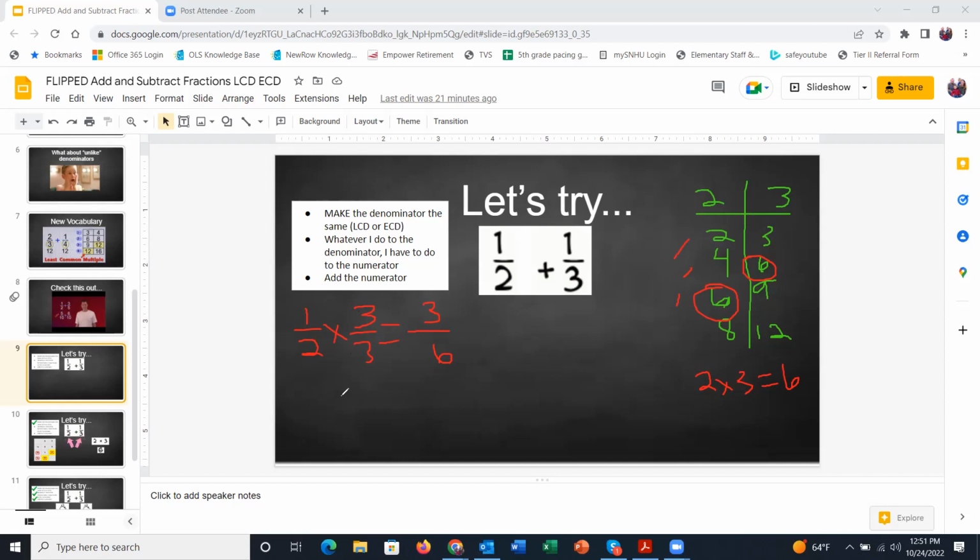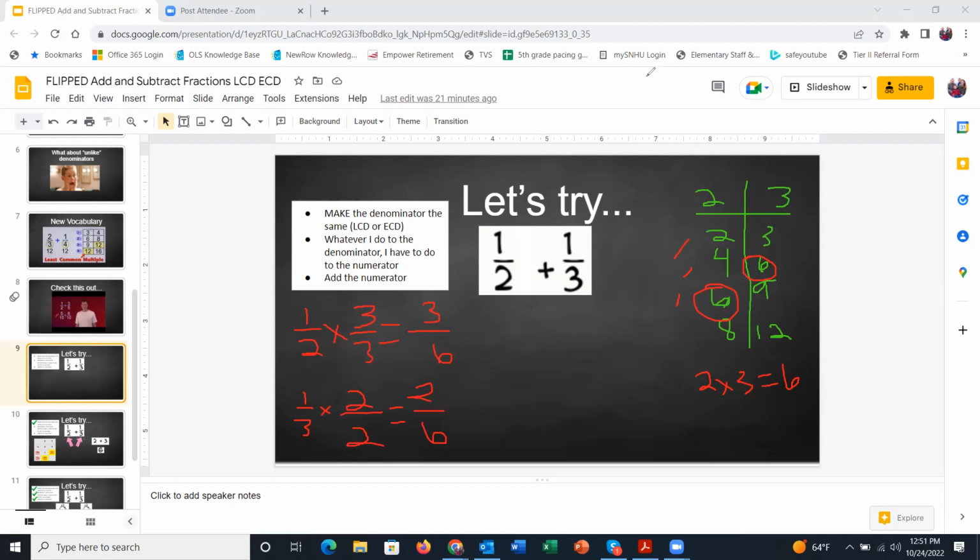So we have 3/6 plus, let's do 1/3. 1/3 times a fraction will be a fraction with the 6 as a denominator. We know that 3 times 2 equals 6, so we got to do the same thing to the top of that one as well. So 1 times 2 equals 2. So we now have 3/6 plus 2/6, okay?